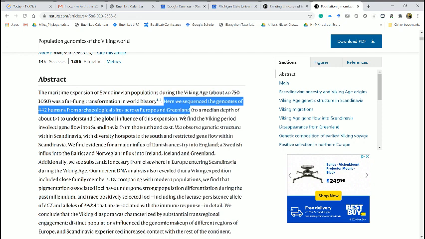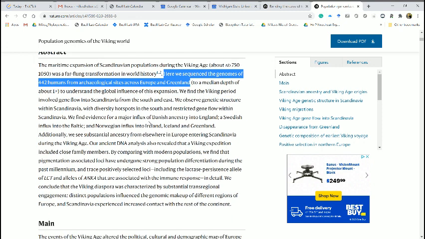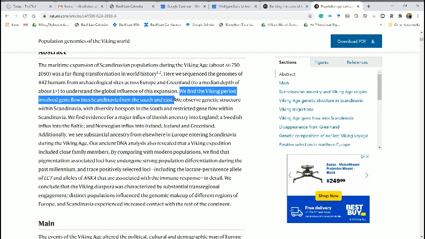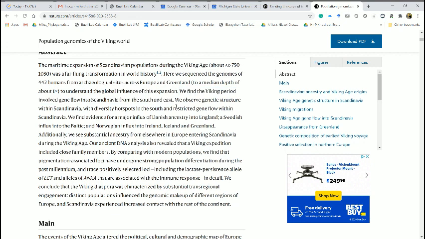Presumably, these were individuals from Viking culture, and they studied how genes flow throughout the Viking period between populations, genetic structure, diversity of the populations, genetic diversity, I mean. There are different kinds of diversity.